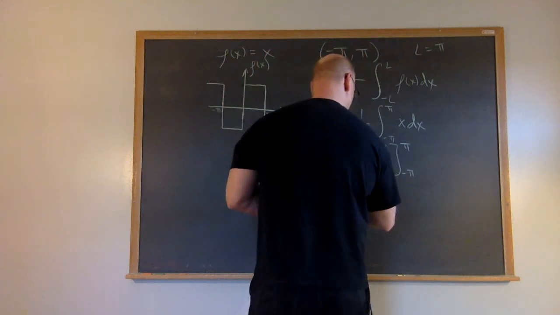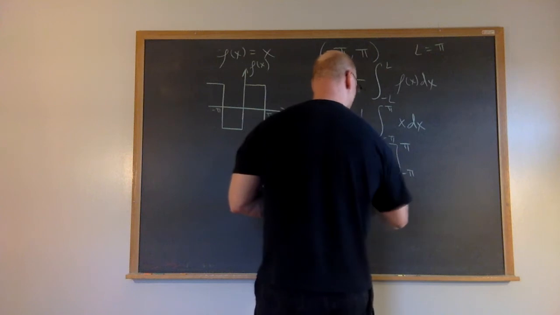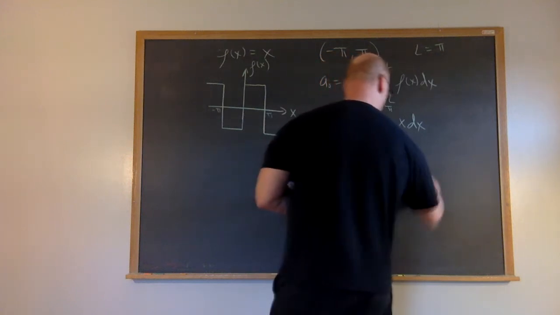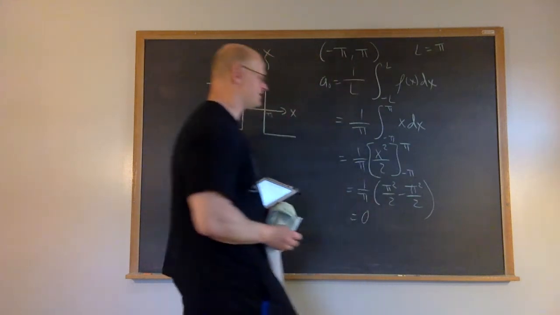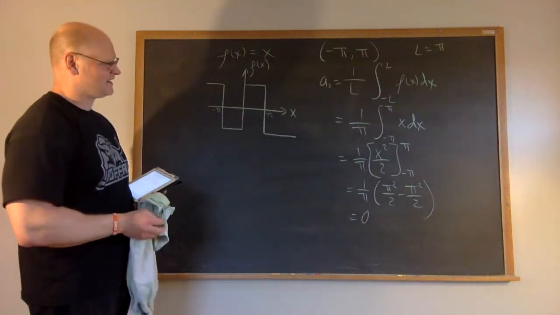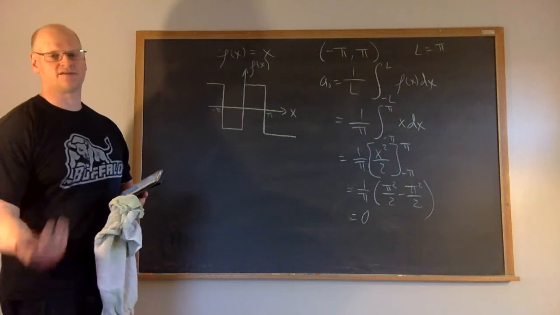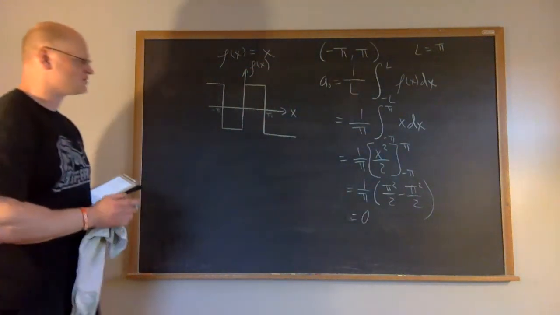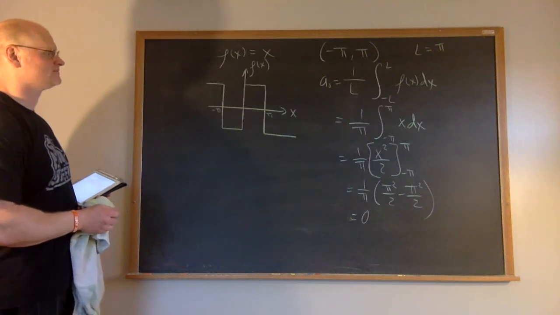Well, if I put this in, it's going to be 1 over pi times pi squared over 2 minus pi squared over 2, which is then simply equal to 0. Because in this case, I get a minus pi squared, but minus pi squared is positive, but I get this extra negative sign from subtracting those two terms, so this is simply equal to 0.